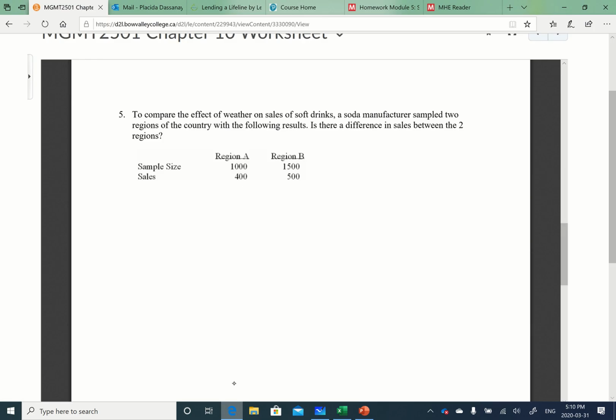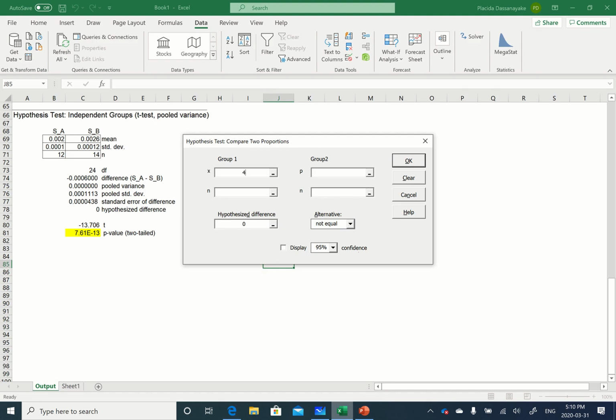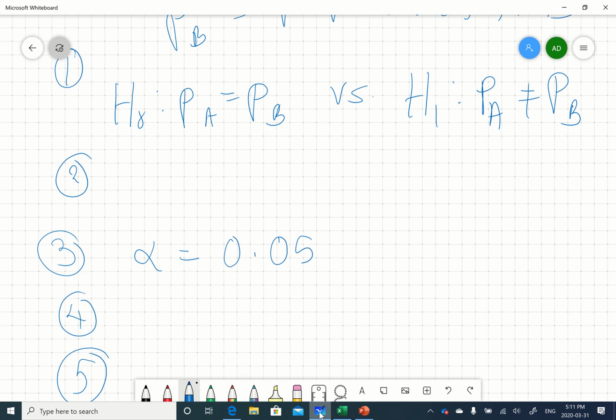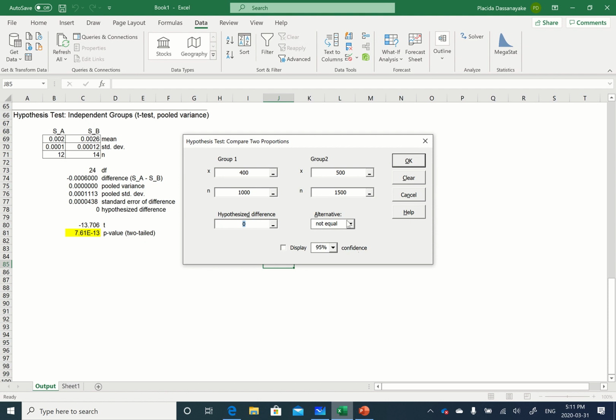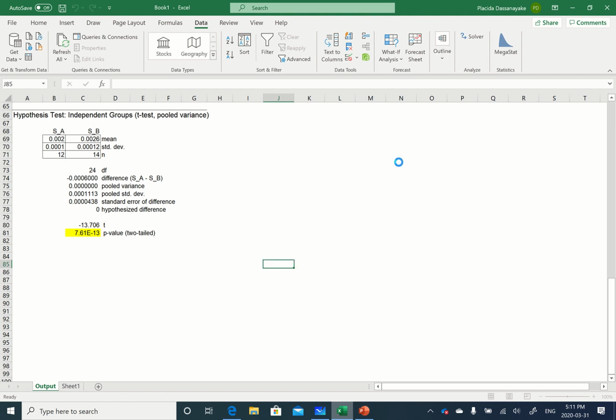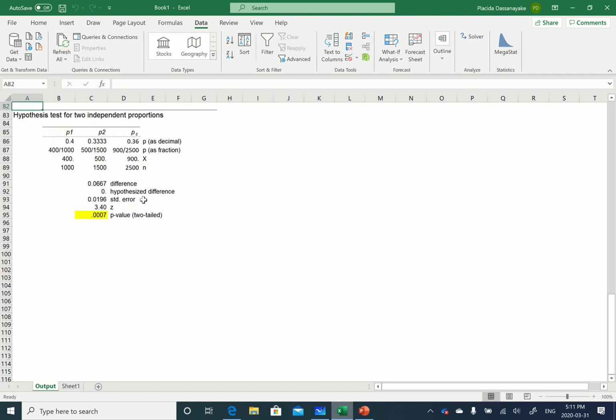So for region A, 400 out of 1000. And for region B, it's 500 out of 1500. Don't change the difference, it's always 0. And alternative, going back, check in. Alternative not equals, right? Not equals. Click OK. Here you go.